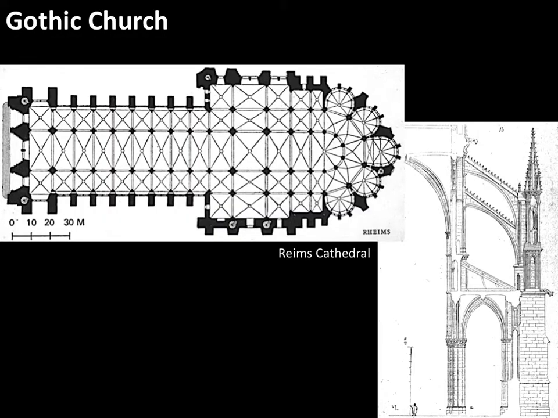So let's look at an actual cathedral. Here on the top, I have a ground plan view of the Reims Cathedral, which looks very much like the diagram I was just showing you. But over here on the right-hand side, that is an end view, a cross-section view of the building.